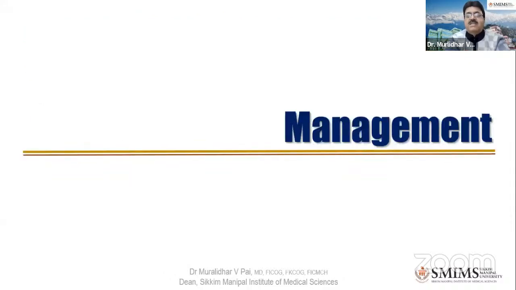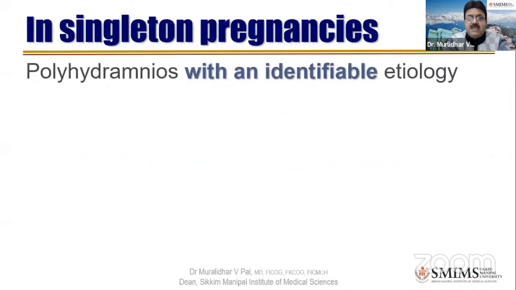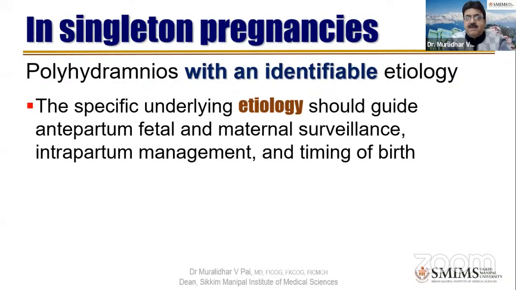Now, whatever it is, how to manage? There are two issues. One is management of polyhydramnios to alleviate the mechanical problems that are happening to the mother. And then, because of the etiological reasons in the baby, how to handle that situation. In singleton pregnancies, polyhydramnios with an identifiable etiology, the specific underlying etiology should guide the antepartum fetal and maternal surveillance.